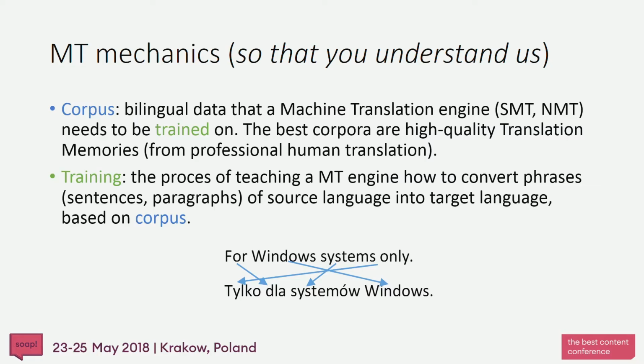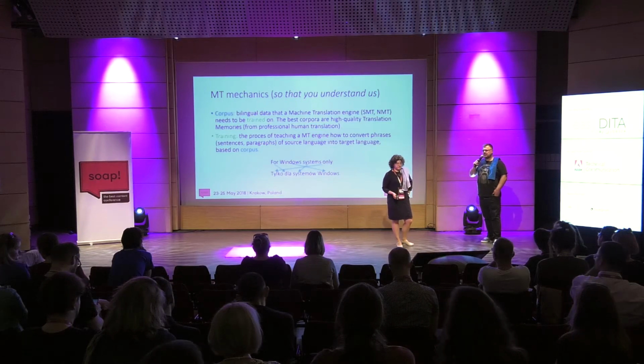And the training is based on the corpus. So those two expressions we just need to be familiar with. So this is a very simplified example of how this works: the target words need to be put in the right places.